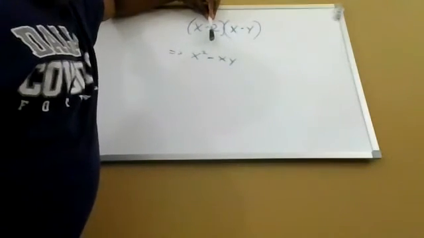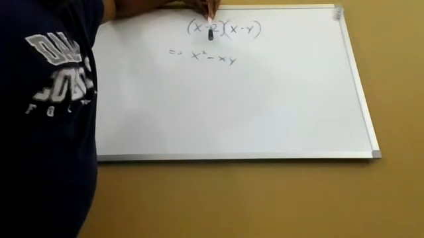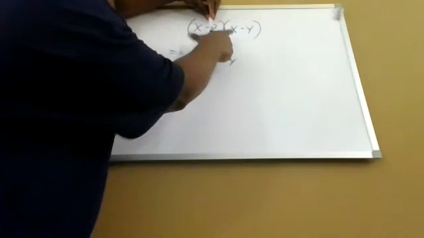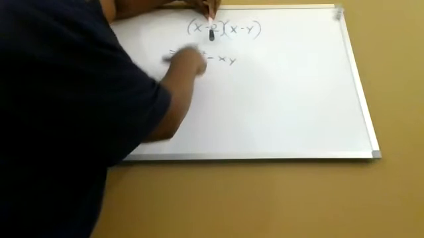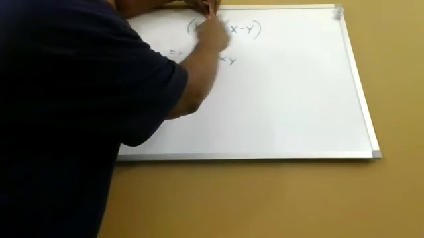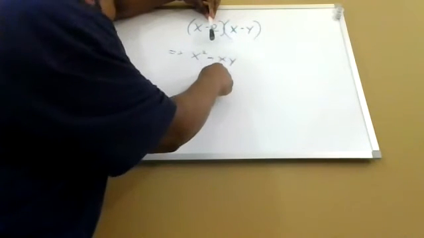So again, imagining covering up that negative 2 and just multiplying the x times the x to get x squared, and then multiplying the x times the negative y to give you negative xy.